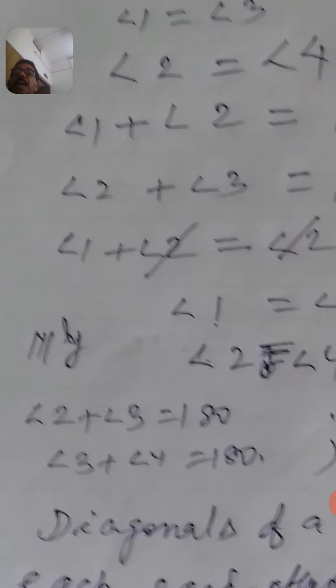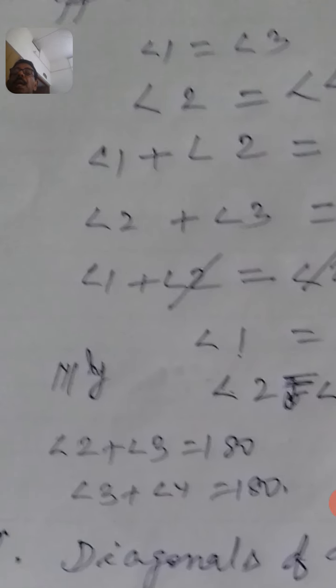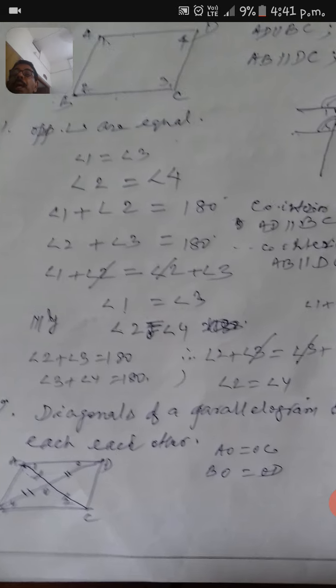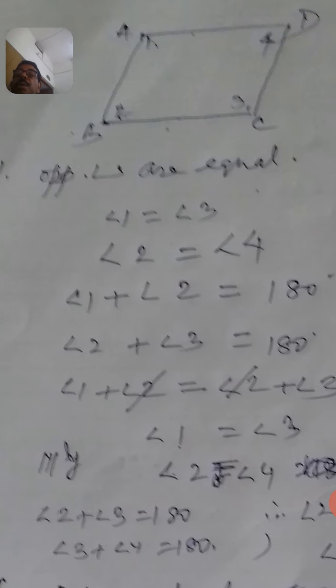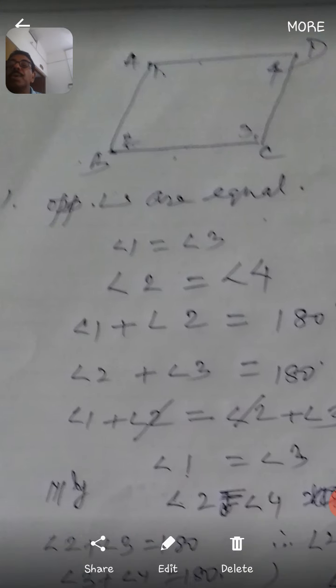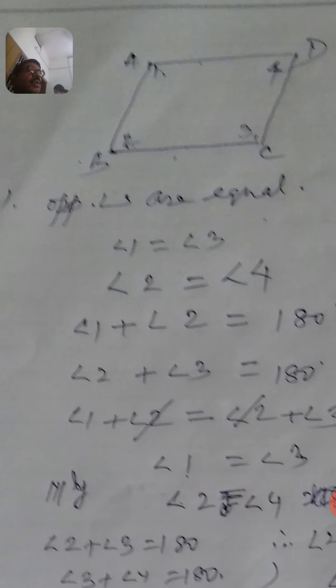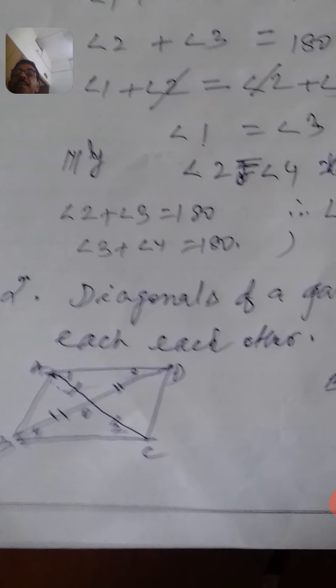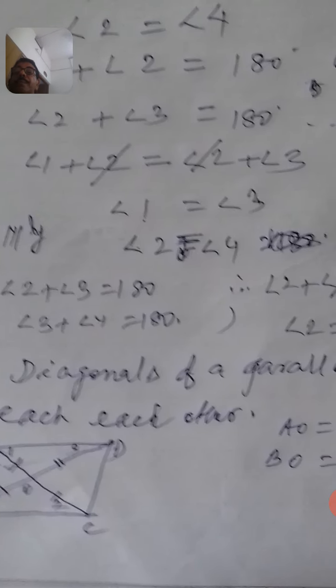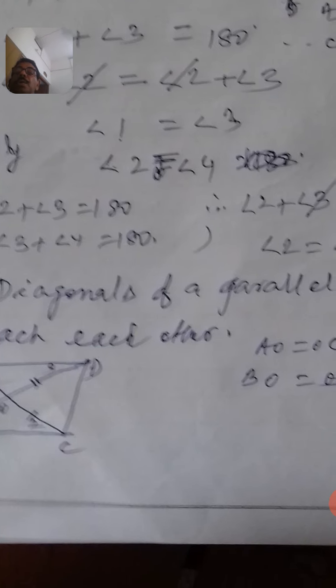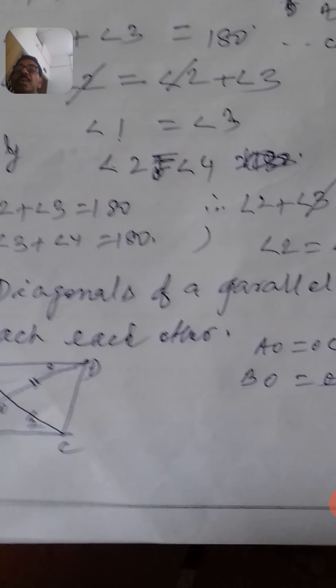Now you see that angle 1 plus angle 2 is equal to 180 degrees, and angle 2 plus angle 3 is also 180 degrees. So by equating we get angle 1 plus angle 2 is equal to angle 2 plus angle 3. Cancelling angle 2, what we get?